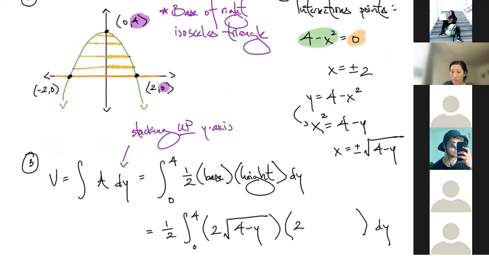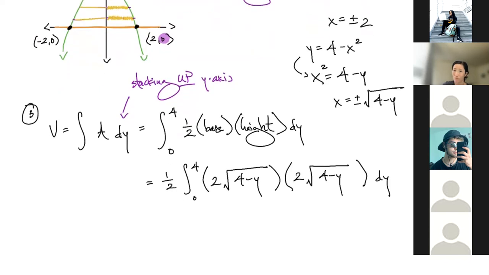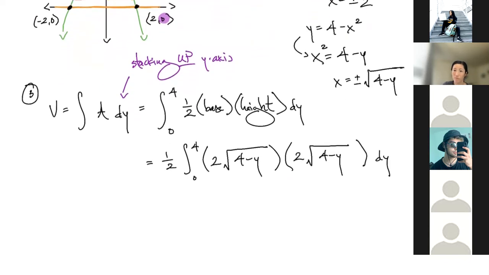And since it's isosceles, we know that the base and the height are the same, so I can go ahead and write that in there. Now, rinse and repeat. We simplify, we take the integral, we plug in our numbers, and we end up with an answer.